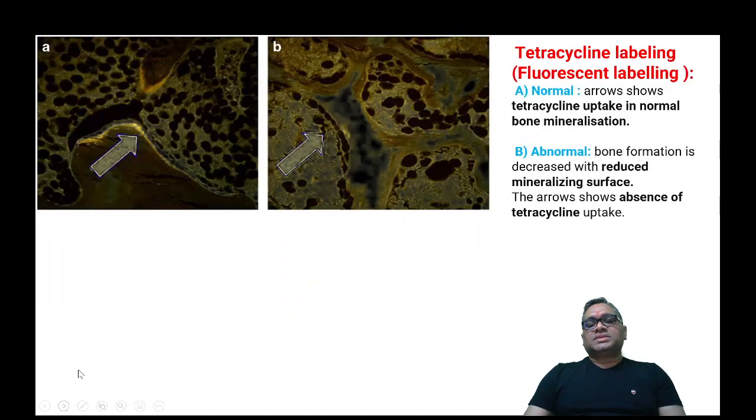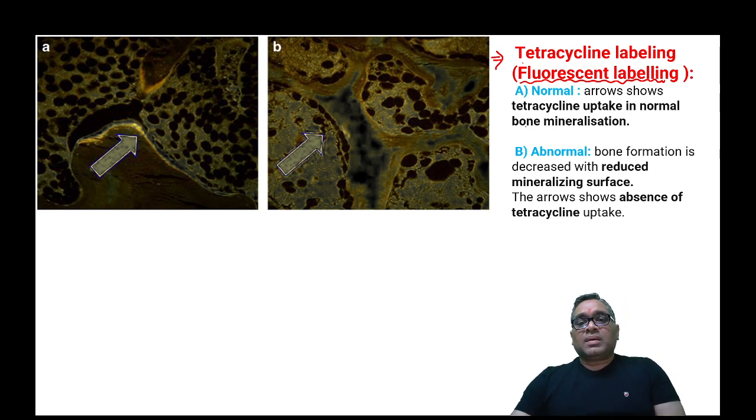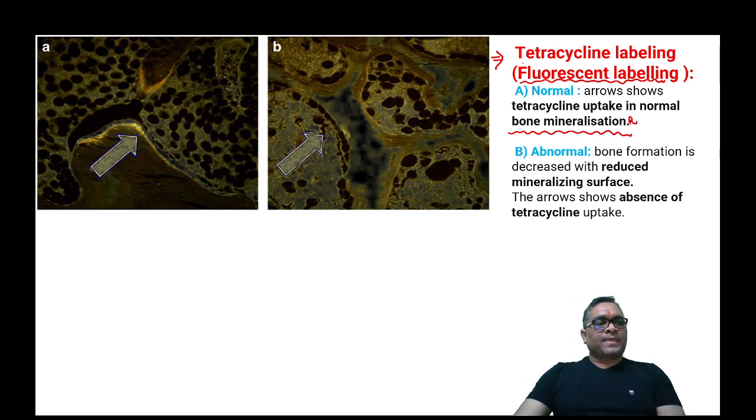So another cartilage stain. This is a very beautiful picture of fluorescent staining. Remember, this is fluorescent microscopy of tetracycline labeling, right? Tetracycline labeling is used for detection of bone mineralization. That was a question in the NEET exam also.